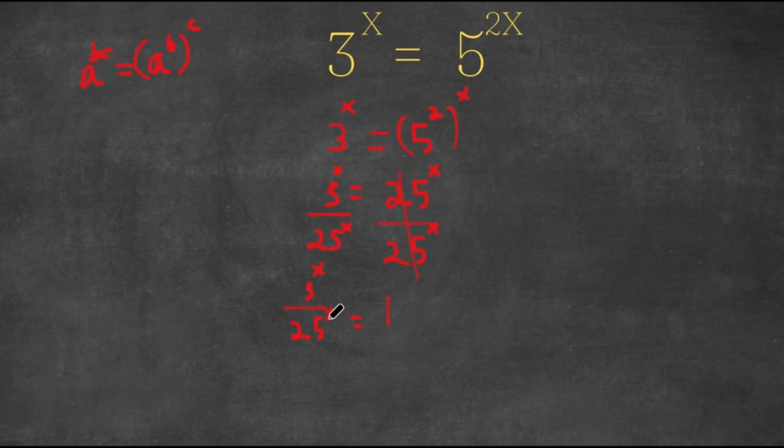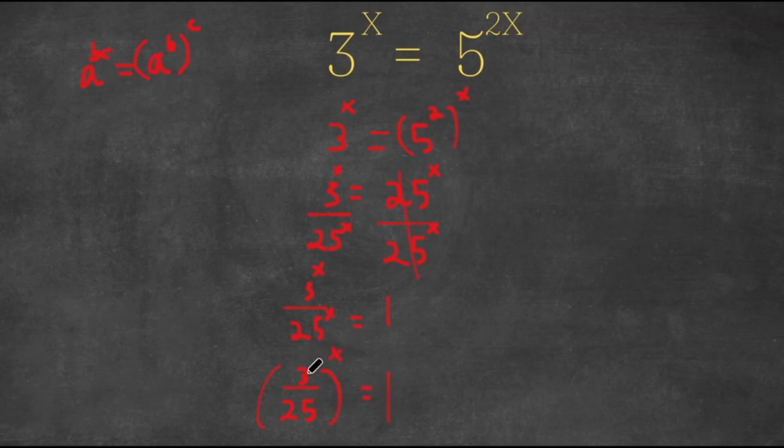Now, whenever we have something like this, with our numerator going to the power of an exponent and our denominator going to the power of the same exponent, we can rewrite this as 3 over 25, to the power of x, equals 1.